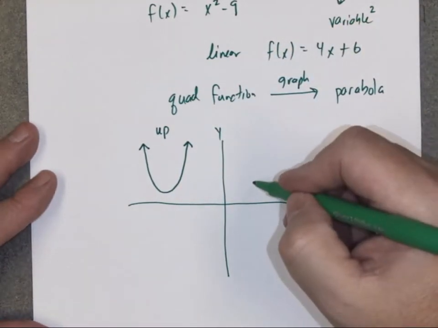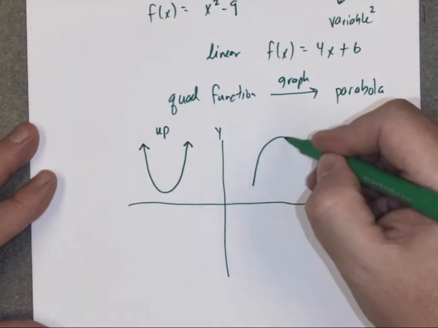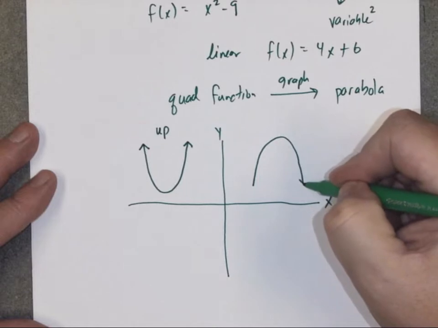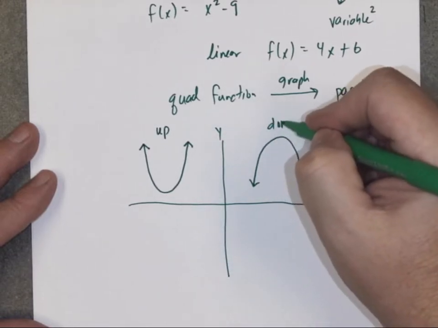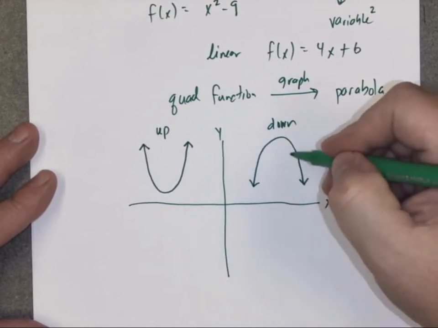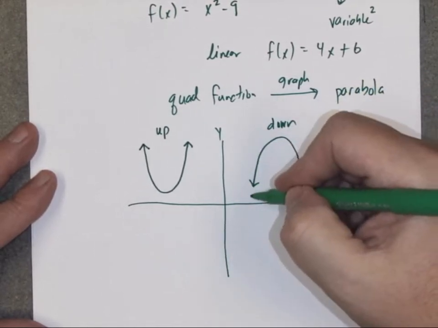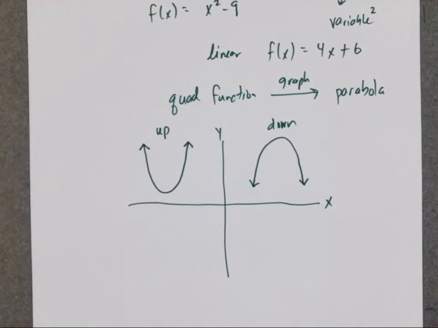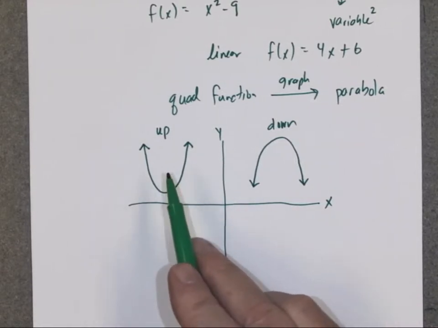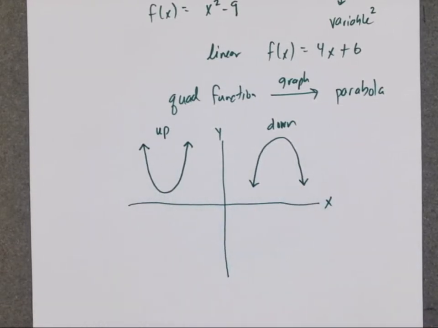As opposed to a second kind of parabola we could have, we like to say this kind of parabola opens down because as it goes on, it's heading down. So every quadratic equation that we try and graph is going to look like one of these two parabolas. It's going to open up or open down.